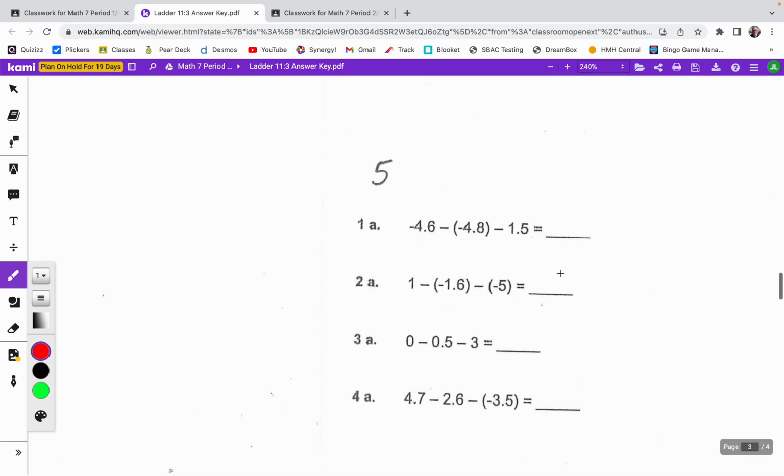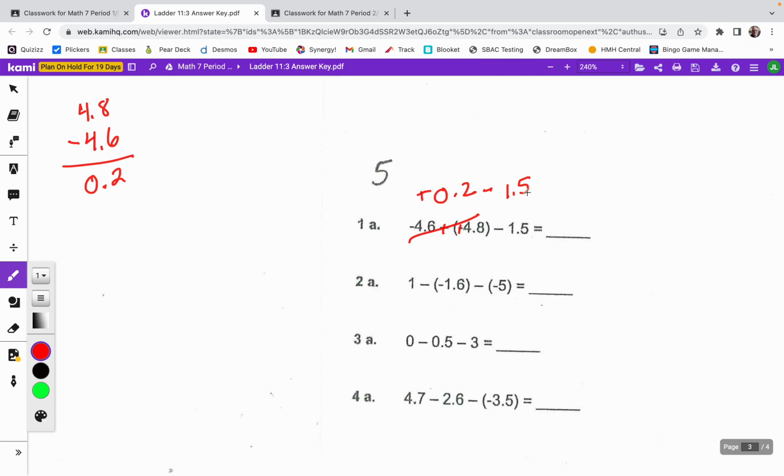Step 5, negative 4.6 minus a negative 4.8 is the same as adding 4.8, the opposite of negative 4.8. So we're going to find the difference between these two, and the answer is going to be positive. So 4.8, the difference is 0.2. So we're at 0.2 minus 1.5.